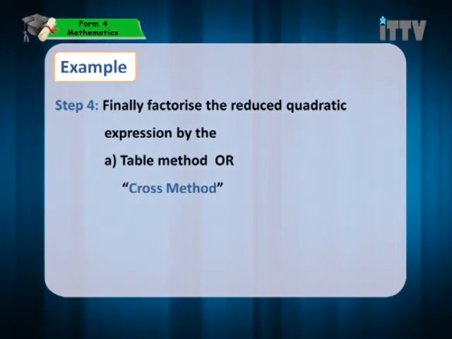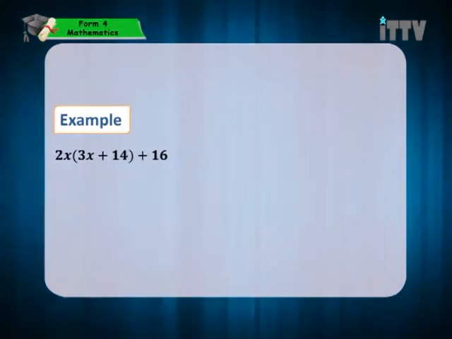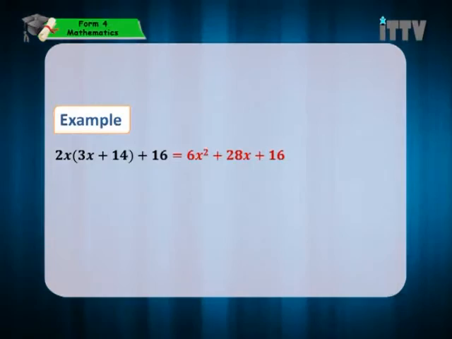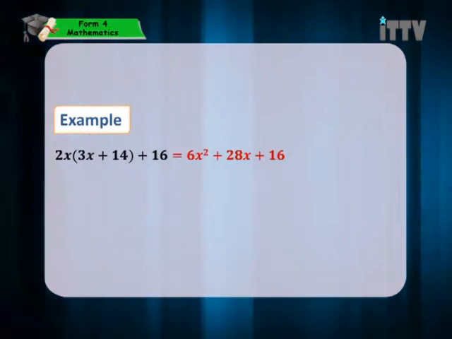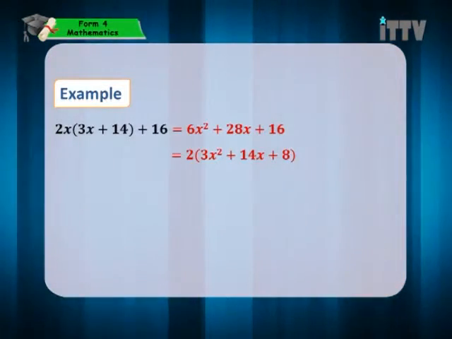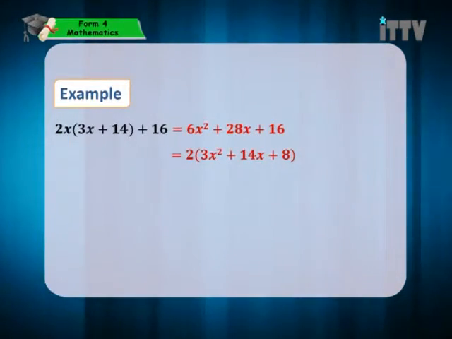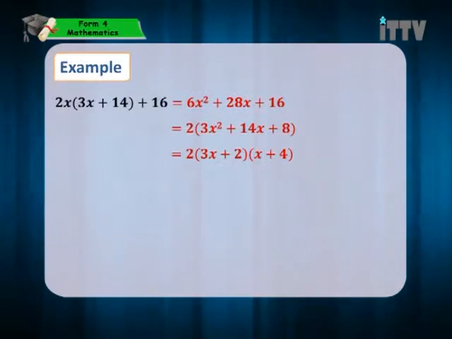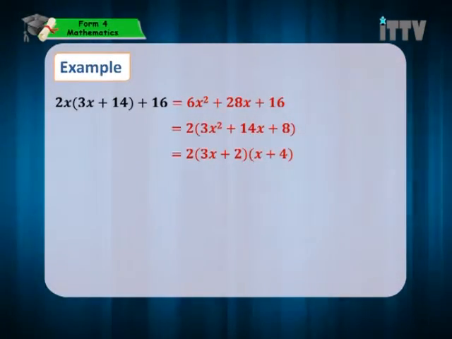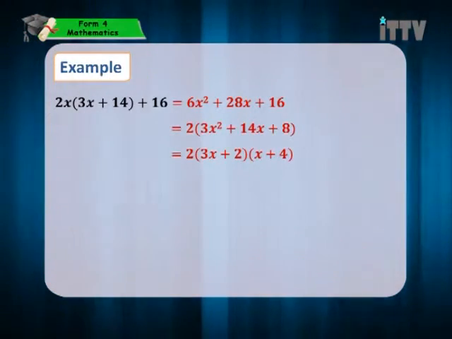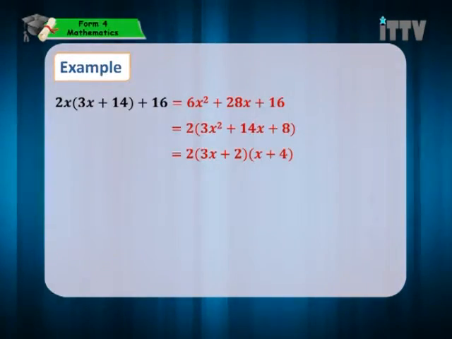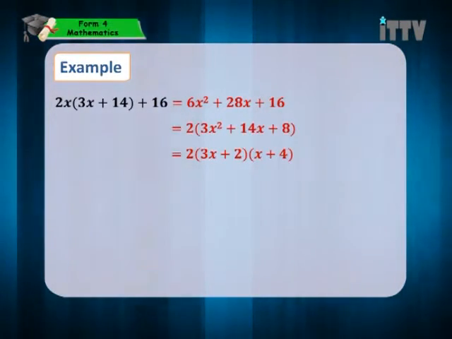So back to our example from the start, 2x(3x + 14) + 16 expanded to become 6x² + 28x + 16. The common factor 2 is identified and put outside the bracket to become 3x² + 14x + 8 inside. Then the expression 3x² + 14x + 8 is further factorized to become 2(3x + 2)(x + 4).